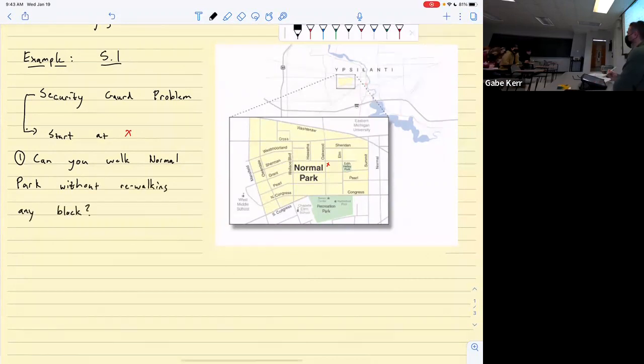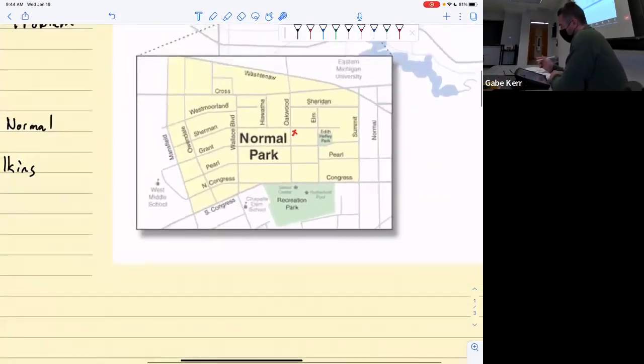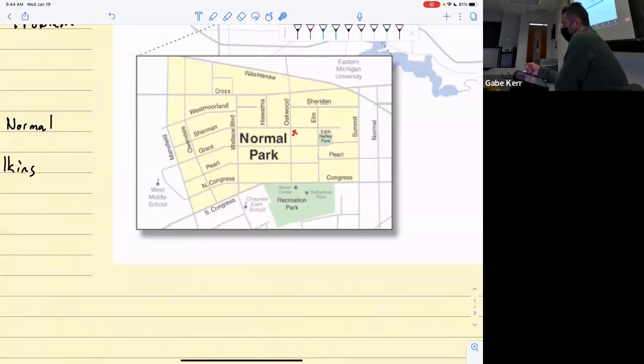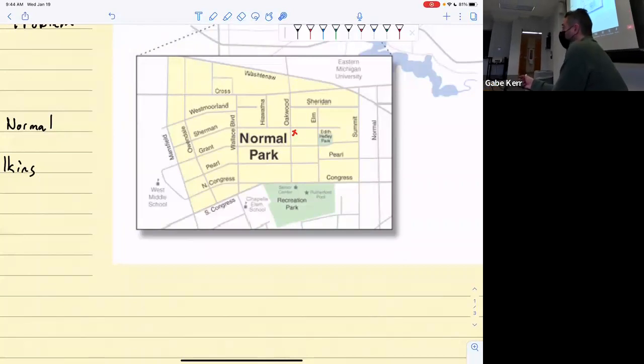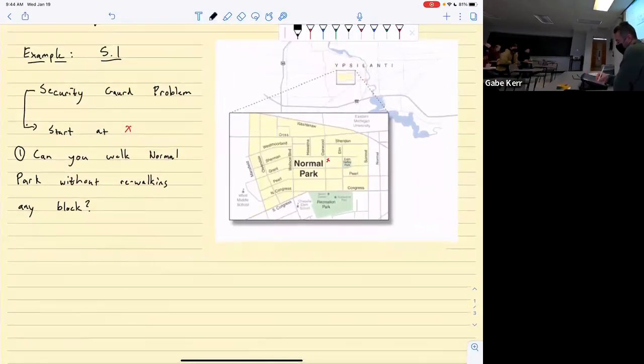Understand? People understand what I'm saying? When I put X here, we're at that intersection. We start with that intersection. I don't know the answer. It's a complicated neighborhood, Normal Park. But that's one of the questions we're going to answer. That's one question we can ask about the security guard problem.